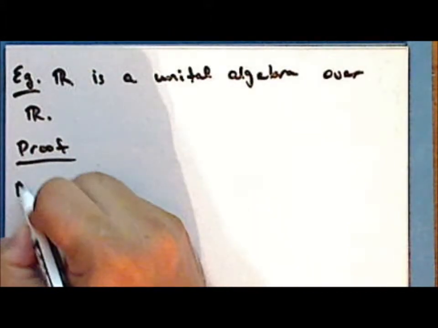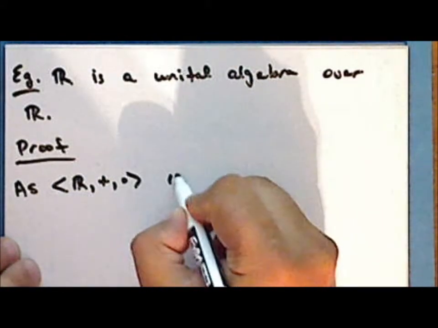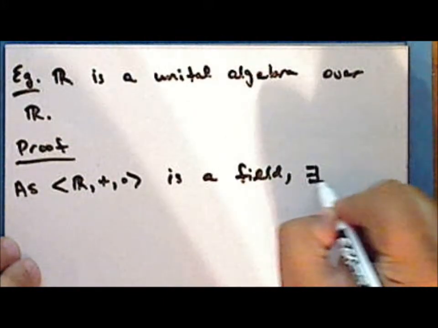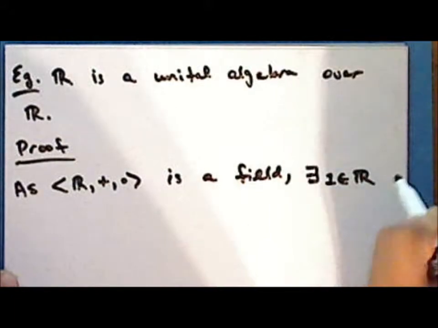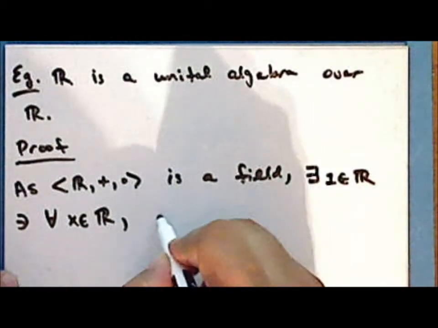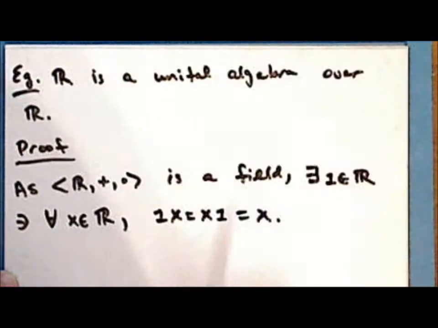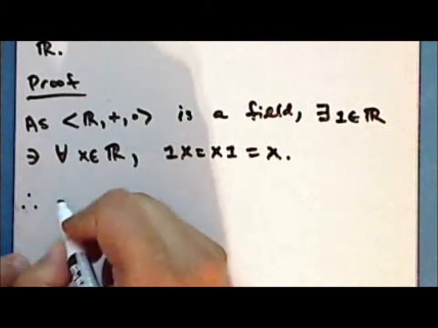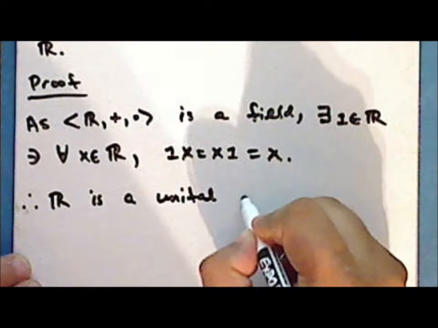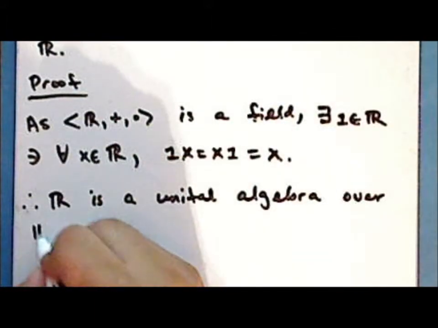So proof, as the reals together with addition and multiplication is a field, there exists the real number 1, such that for every real number x, we have that 1 times x is the same as x times 1, which is x. And therefore, the reals is a unital algebra over itself.